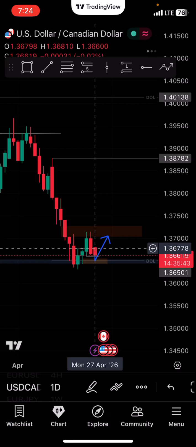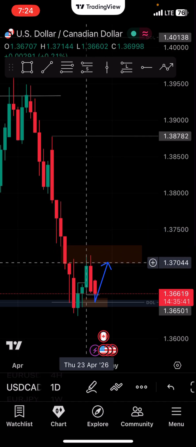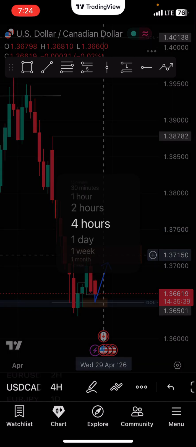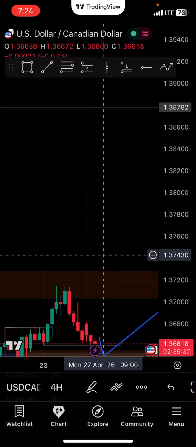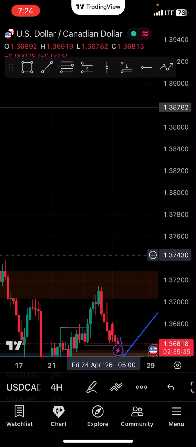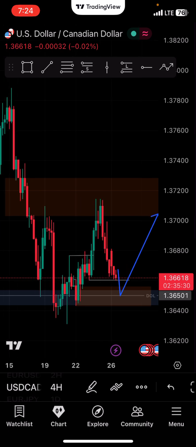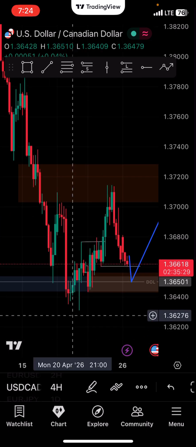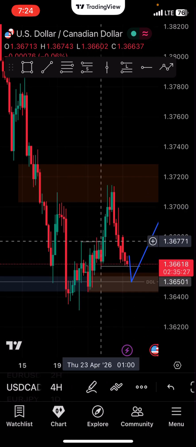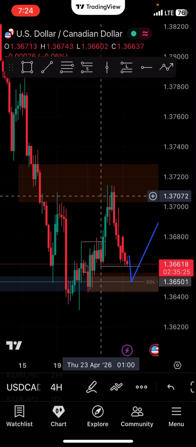So coming to the daily time frame, there is nothing clear on the daily time frame, but if you drop down to the 4-hour time frame, you will see what the market is likely going to do. So you can see we have a 4-hour market structure shift here. You also have it here, right?